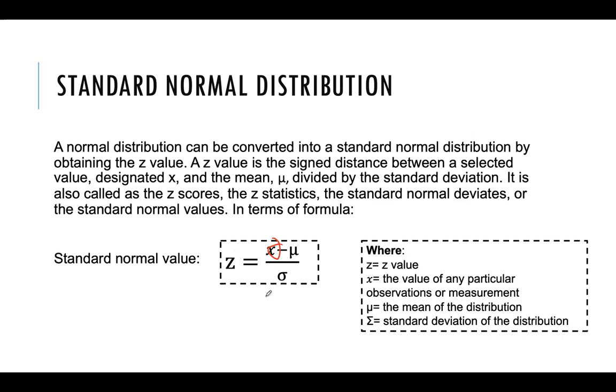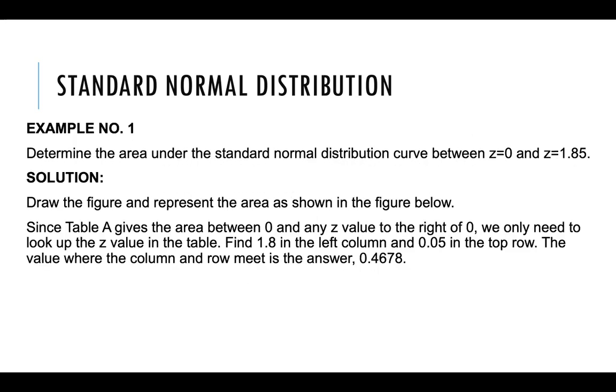So let's have the examples. Class, in here, it's more of examples, given problems. So first example: determine the area under the standard normal distribution curve between the z value of 0 and the z value of 1.85. In table 2.9, class, it gives the area of the given z value.